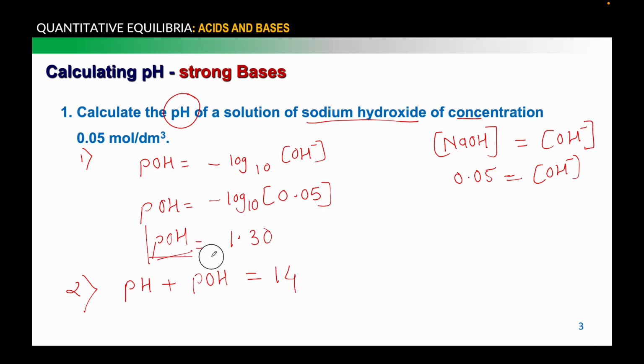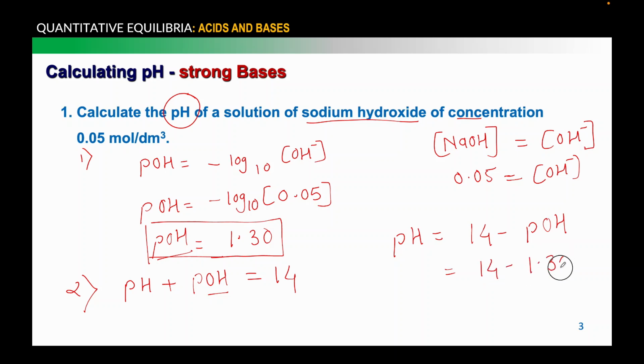Keep this value of pOH in a box. So how will you calculate? By this formula, now you have the value of pOH and this 14. So pH is equal to 14 minus pOH. So 14 minus 1.30. Keep your calculators ready, students, always. So 14 minus 1.3 is equal to 12.69.